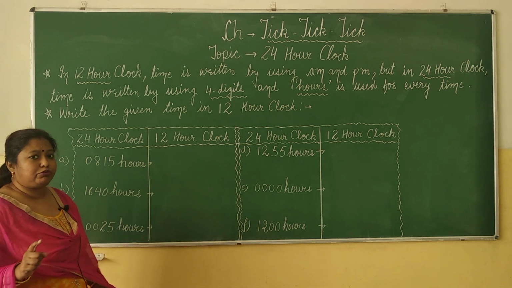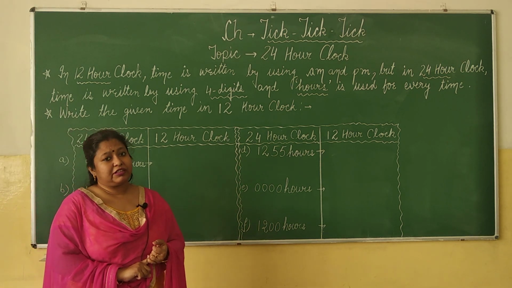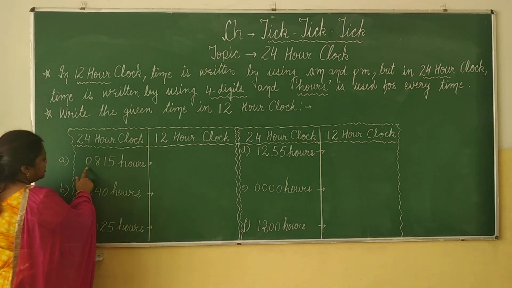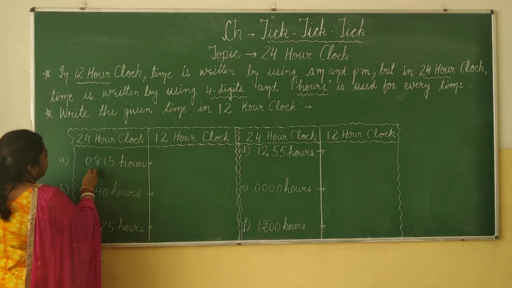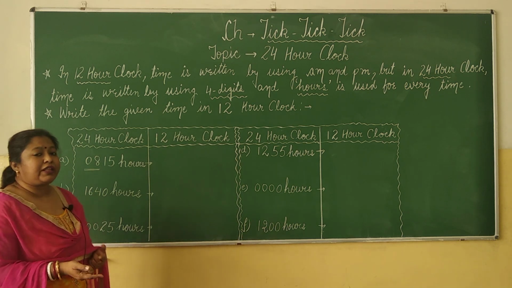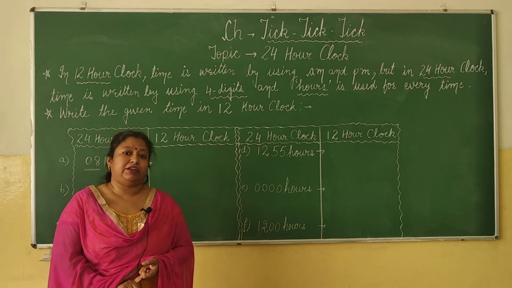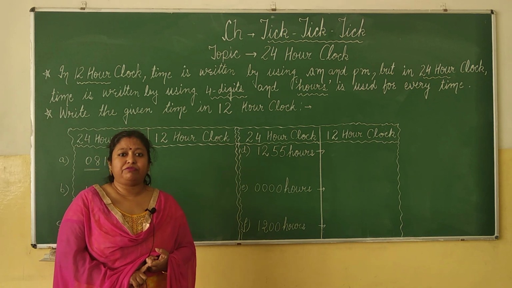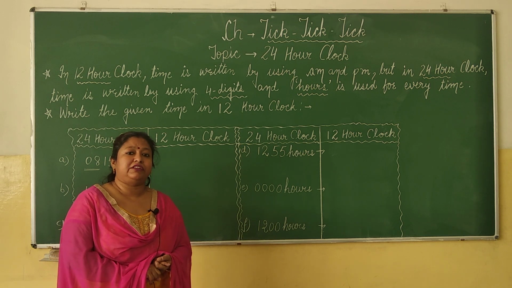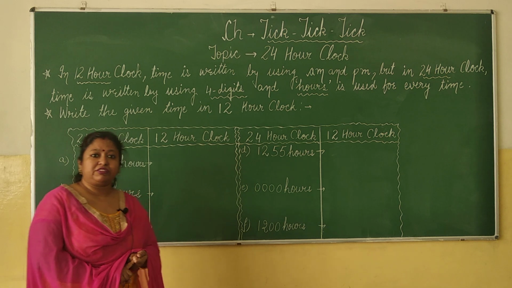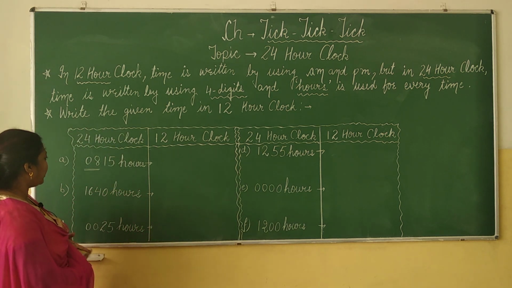We don't have to make any changes in the minutes part, children. Okay, so here we have to see whether the hour part is more than 12 or less than 12. If it is less than 12, we don't have to do any addition or subtraction with that number.